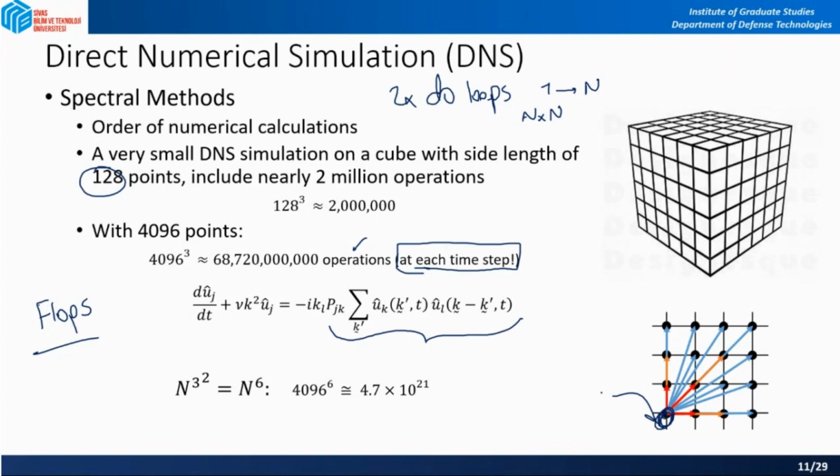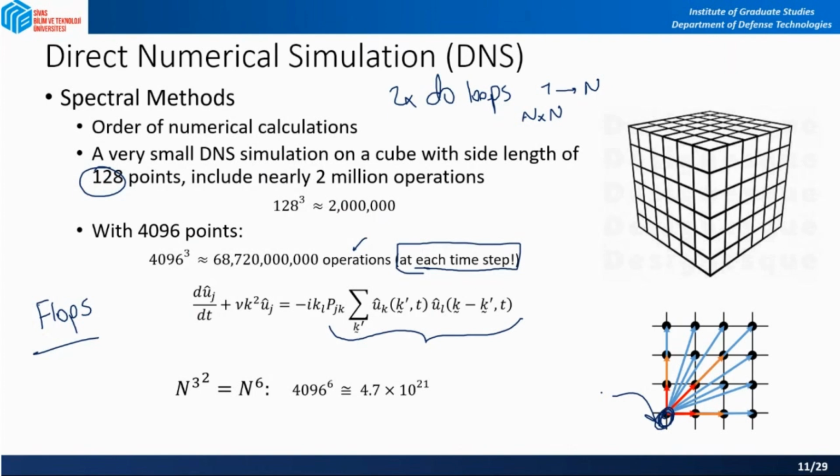If you ever had a chance to try this panel method to find the induced velocity on one vortex, you have to do the calculation from all the vortices in the domain. So each panel is affected by every other panel. Actually, this is a problem in any physical application, and it is called the n-body problem.